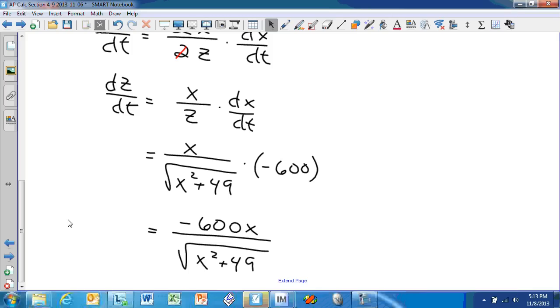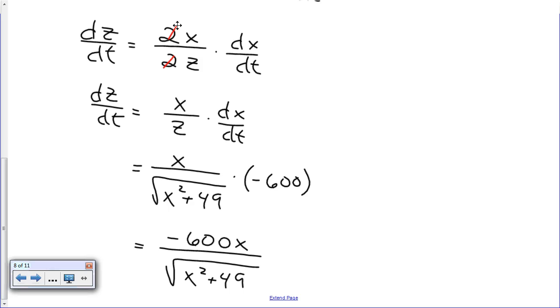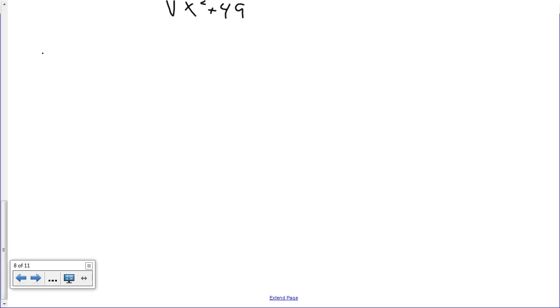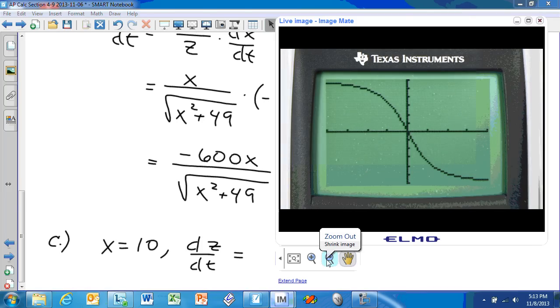All right, so for part C now, it says how fast is z changing when x is equal to 10? So for part C, when x is equal to 10, the question is what does dz dt equal? I already have the equation for dz dt in my calculator, so I'm just going to use it to evaluate this.